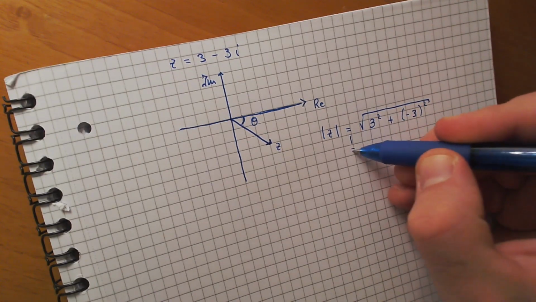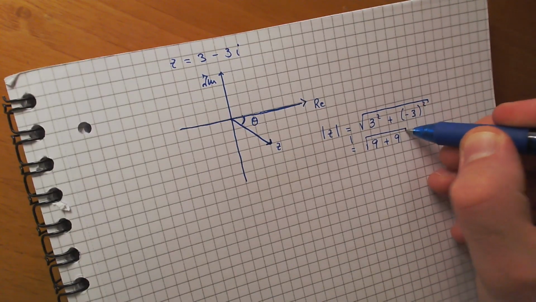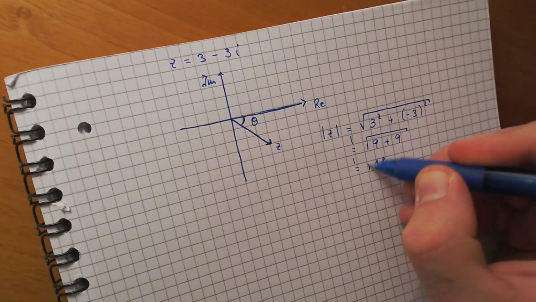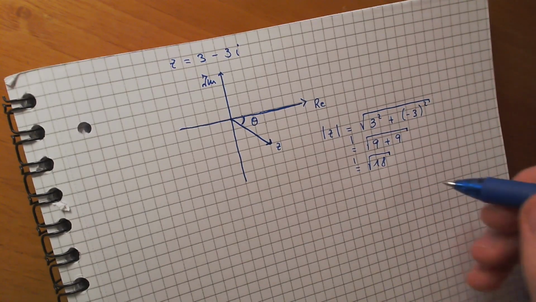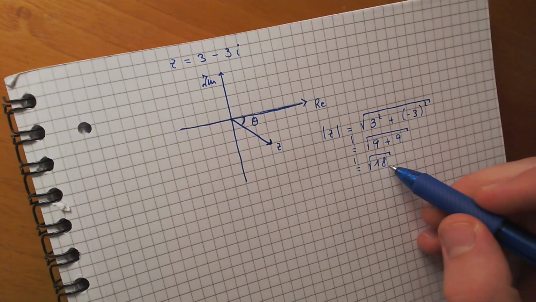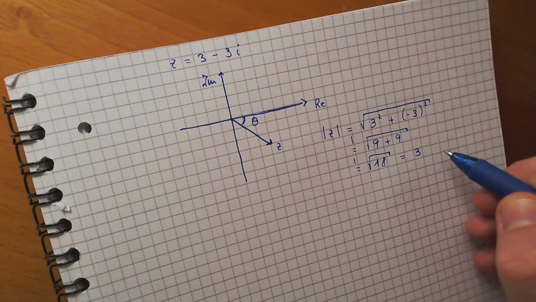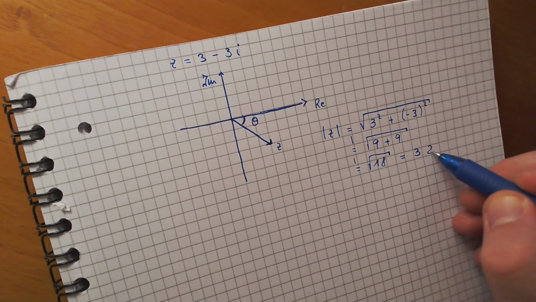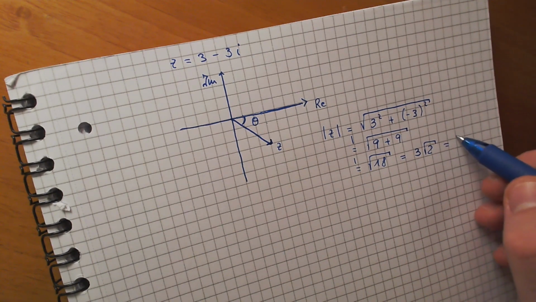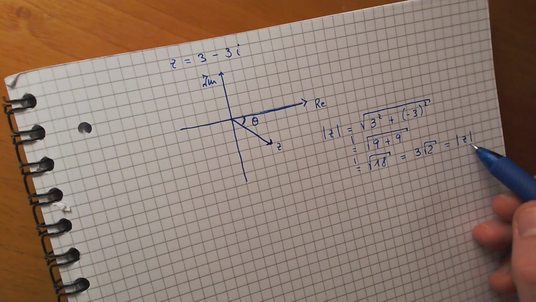So here we get 9 plus 9 under square root, which is the square root of 18, and we know that 18 is 9 times 2, so we can write 3 times the square root of 2. Okay, so this is the absolute value of z, of our complex number.